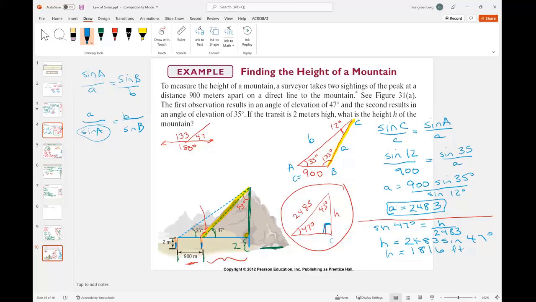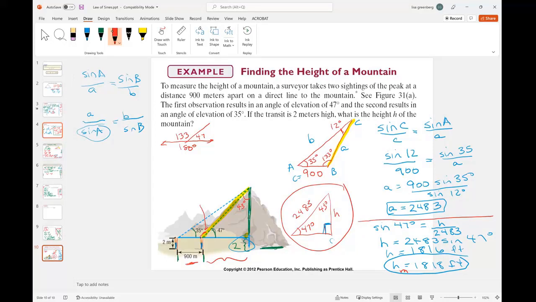But don't forget, we always have to add this 2. So it would be 18 feet altogether. Or the height of the mountain, not H, but I guess I should say the height of the mountain. So H mountain. And that's pretty much everything.